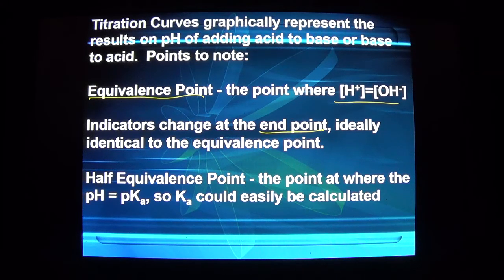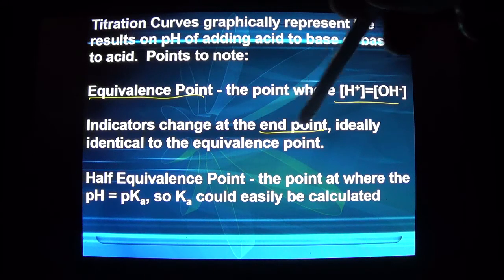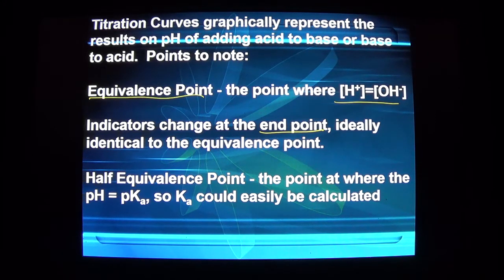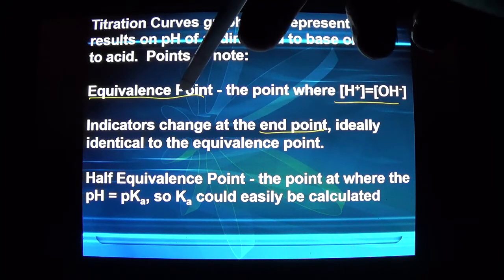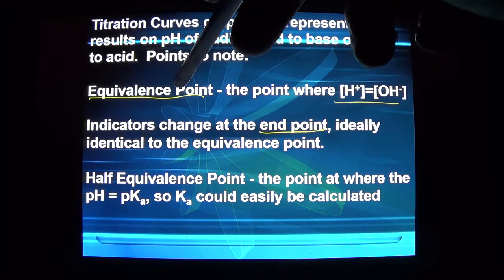If my equivalence point I'm expecting to be 4, I don't want phenolphthalein, which has an end point at 8. I'm going to be past my equivalence point before I even reach a color change. So you want your end point, the color change time of your indicator, to be close to the equivalence point.